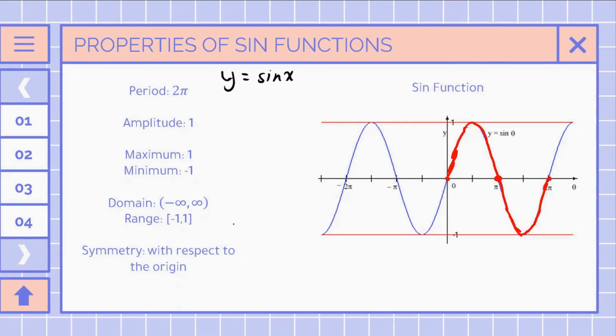And if you guys are wondering if we use brackets or parentheses for the domain or range, for the range we have to use brackets, which is this, because the graph touches the points 1 and -1, which means they're included in the y values. But we use parentheses when the graph is approaching that value but doesn't actually touch it.